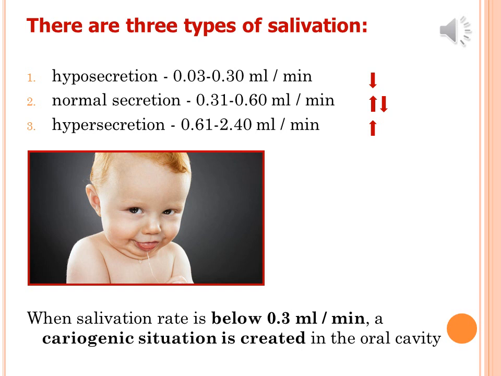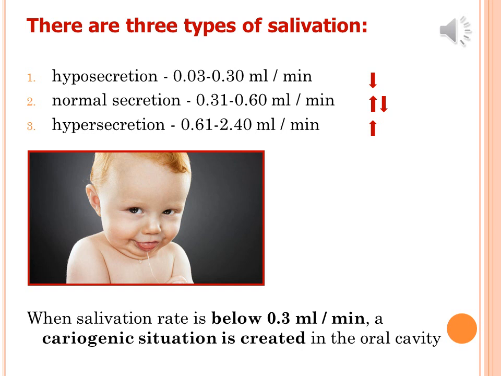There are 3 types of salivation. Secretion from 0.0 to 0.3 milliliter per minute is slow. Normal secretion is from 0.3 to 0.6, it's medium secretion.